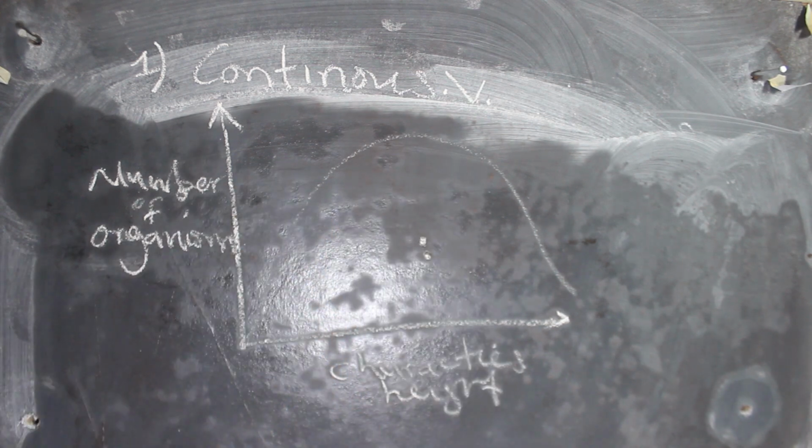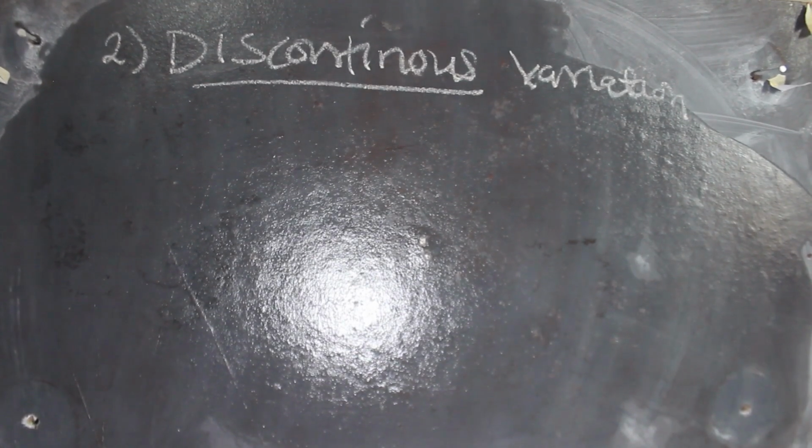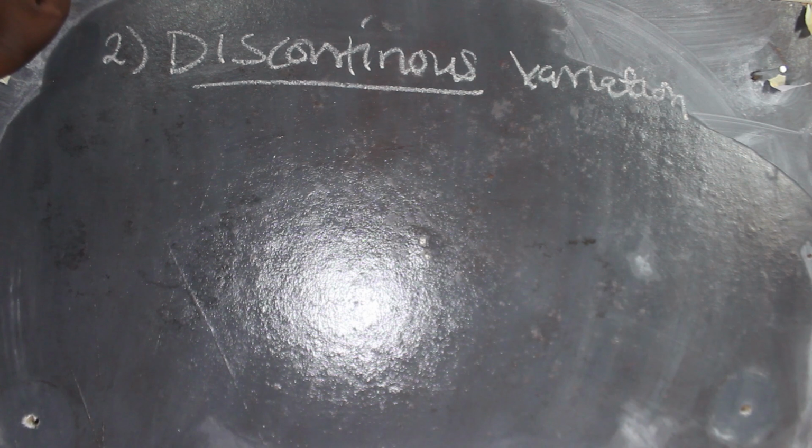So when we talk about continuous variation, we will see what it is trying to tell us. Right away, let us talk about discontinuous variation. Discontinuous variation is a type of variation where we have a clear cut, where a characteristic has a clear-cut difference in groups, or amongst a similar group.